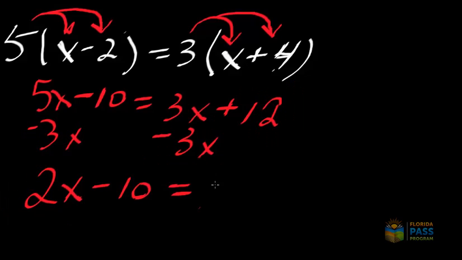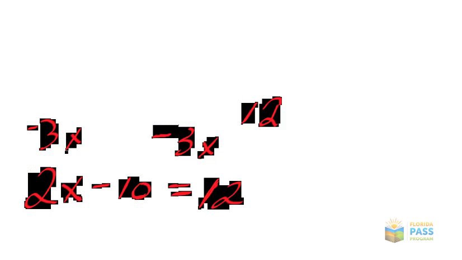So you would solve this like normal. Subtract 3x from both sides. So 2x minus 10 equals 12. Because the 3x is canceled, 3x minus 3x is 0.